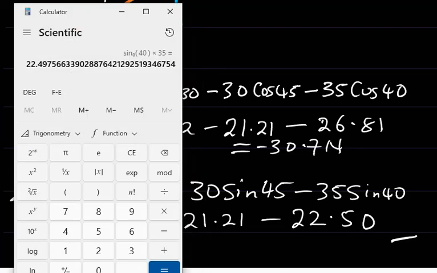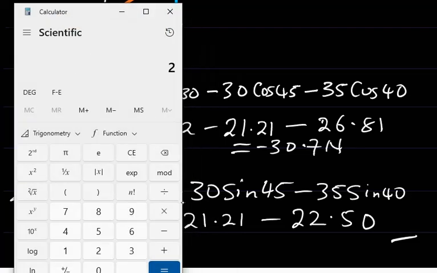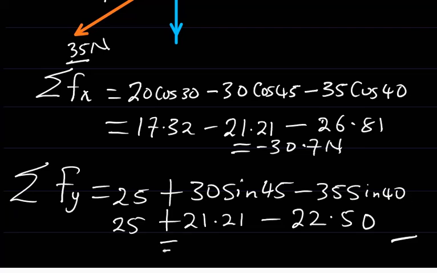All right, so I have to add up 25 plus 21.21, then minus 22.50. That is going to be 23.71.